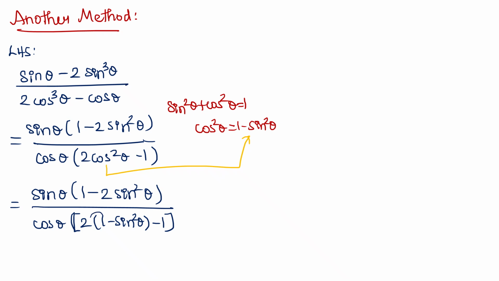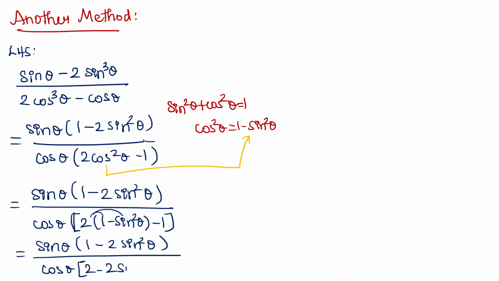Now multiply inside to remove your bracket. So you will be getting sin theta into 1 minus 2 sin square theta, that whole divided by cos theta into 2 minus 2 sin square theta minus 1.